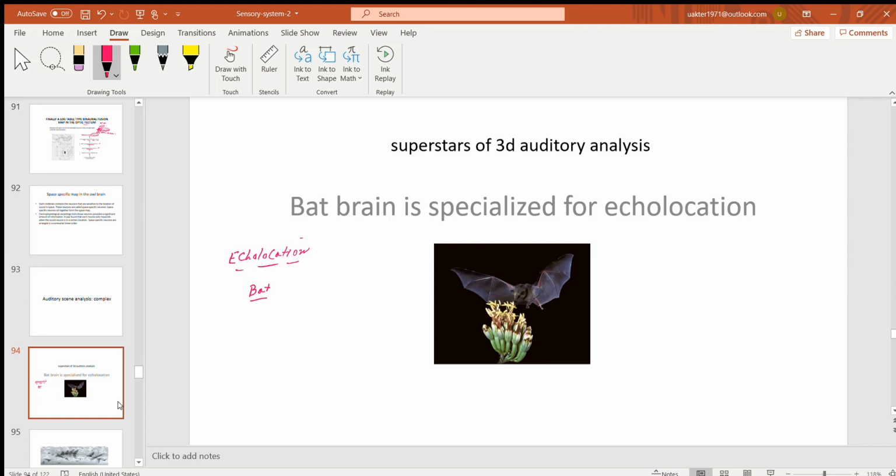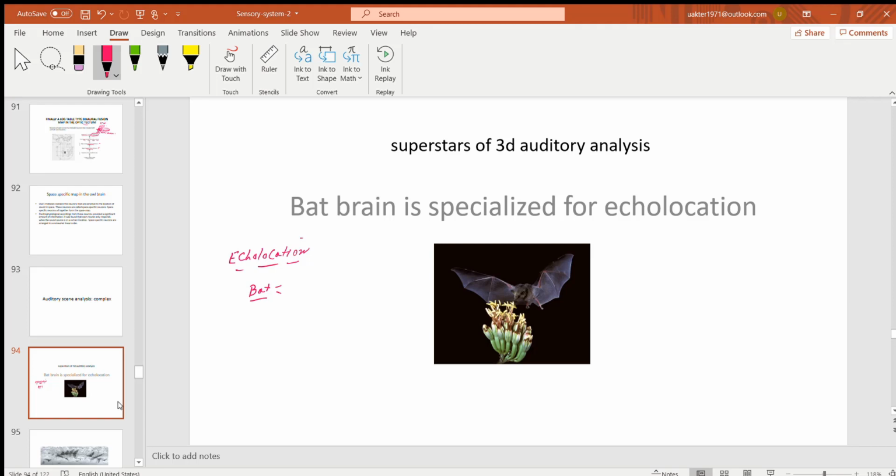And the bats are the most diverse mammals on the earth, and more than 1,000 different species of bats have been identified. So just think that a big part of the mammals are actually the bats.